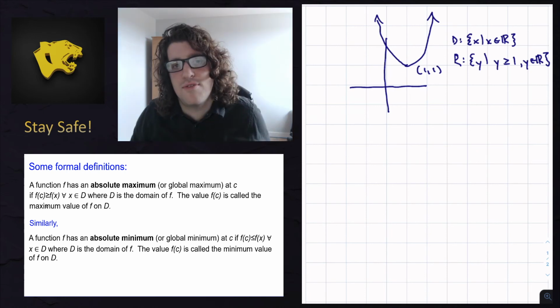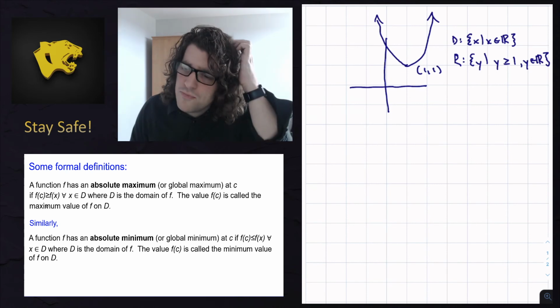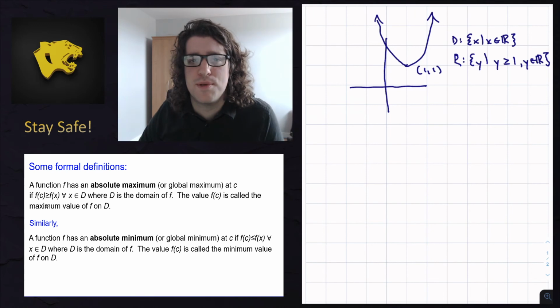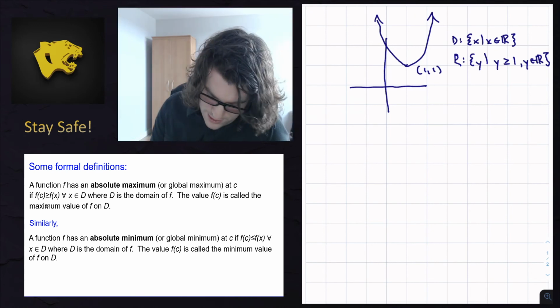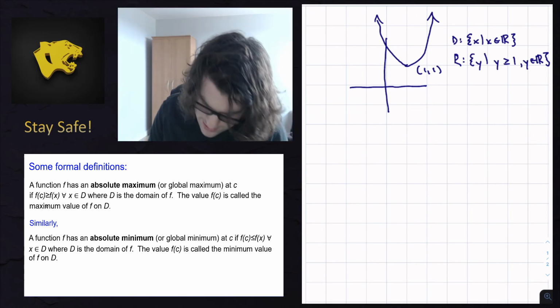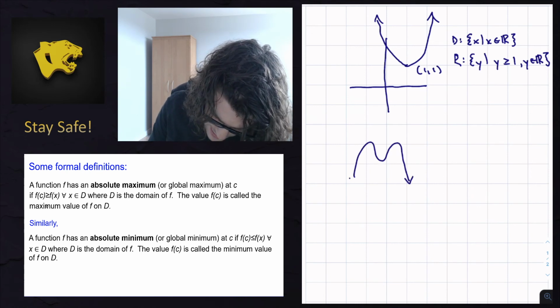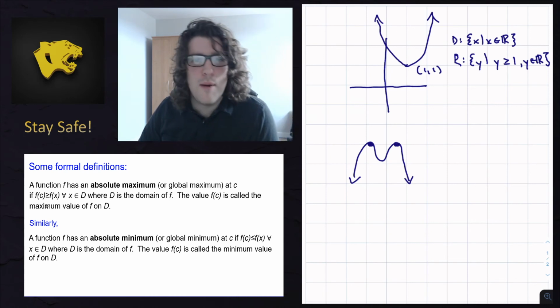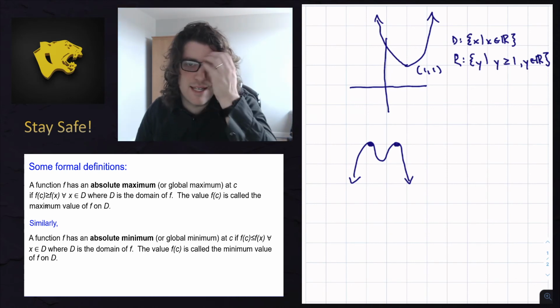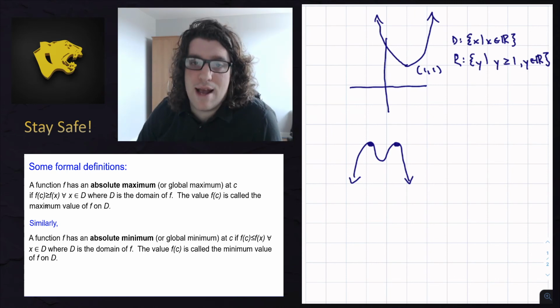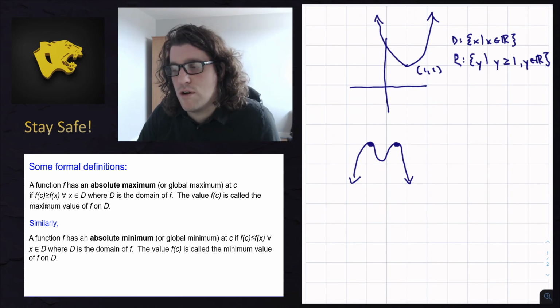Now, you'll notice that this is greater than or equal to, so it's okay to have absolute maximums occur at multiple positions. So if, for instance, we had a downward facing quartic, something like this, and if I had drawn it nicely and those 2 points were at the exact same height, then they would both count as an absolute maximum for this particular function.